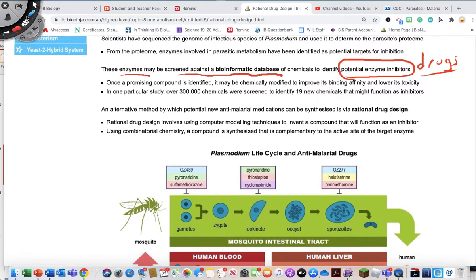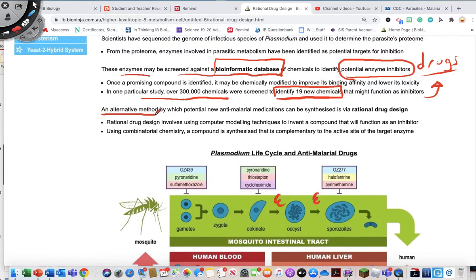In one particular study, over 300,000 chemicals were screened to identify 19 new chemicals that might function as inhibitors or drugs or medicine. So that's one way to use bioinformatics, databases, and the proteome of these particular enzymes to develop drugs.